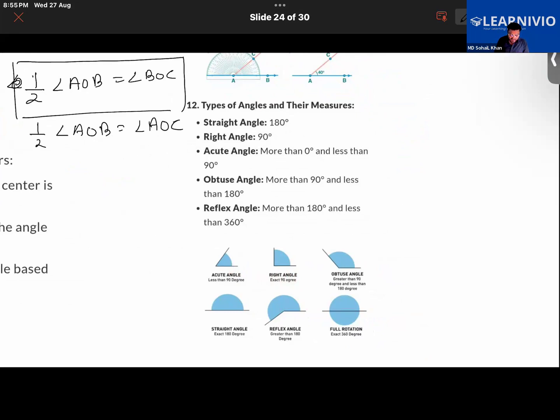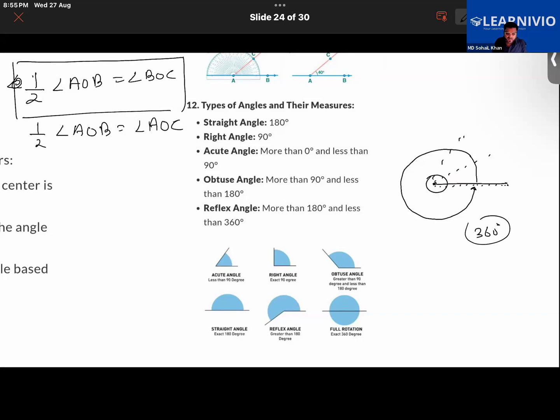If the arms were to do a full rotation, suppose this arm is moving, and when it does a full rotation, it will eventually come back to the same position from where it started. So when it does a full rotation, it will make a 360 degree angle.